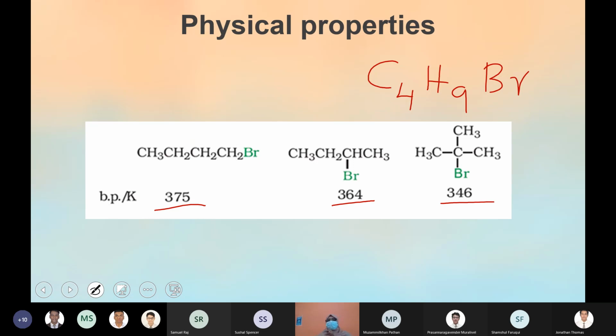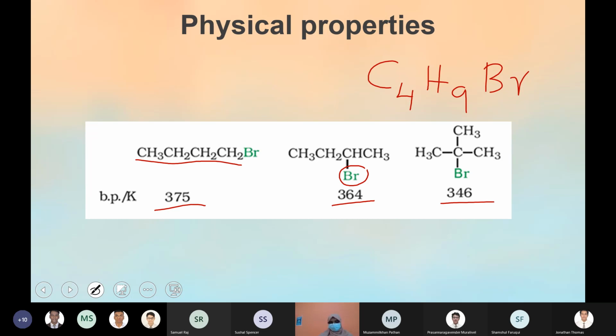That means when branching is more, here it is just a linear chain, and here the bromine is coming on the second carbon atom. Here there are more branches. So what you can conclude from this information is that when branching increases, boiling point decreases. This is applicable in any organic compound.